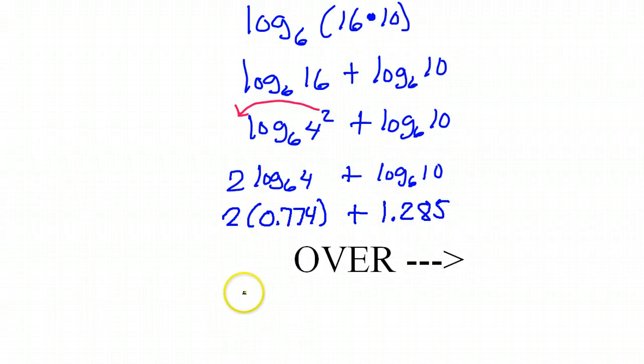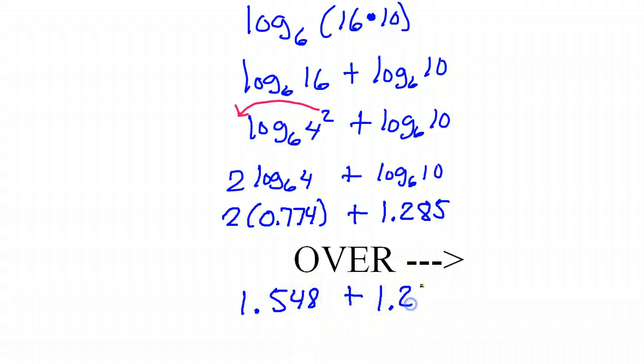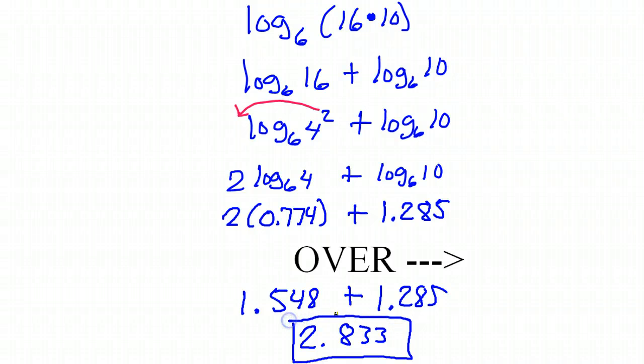So this gives me 1.548 plus 1.285. So that is 2.833. That's it for the front side.